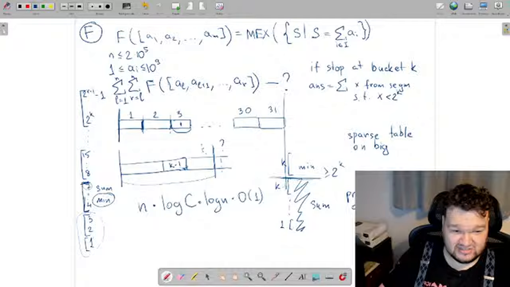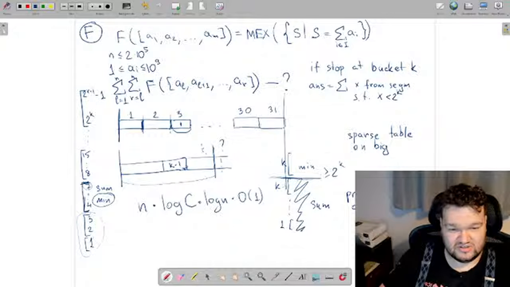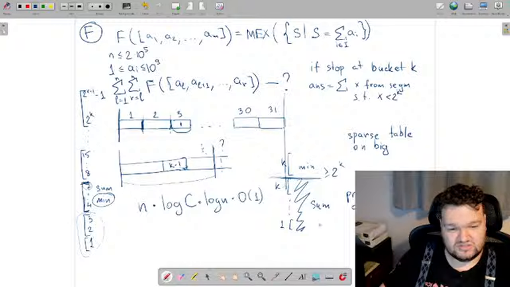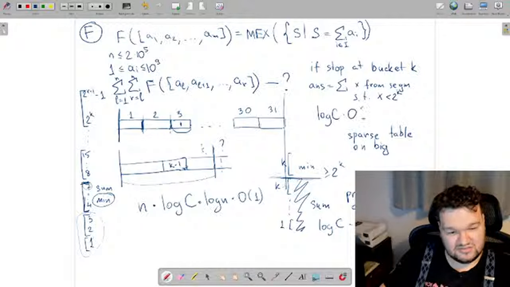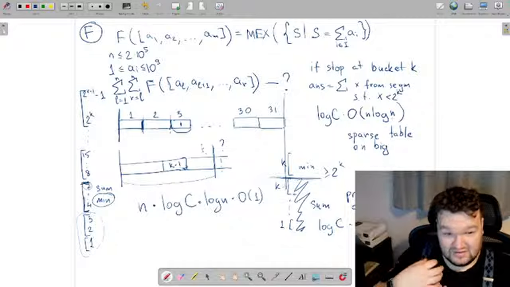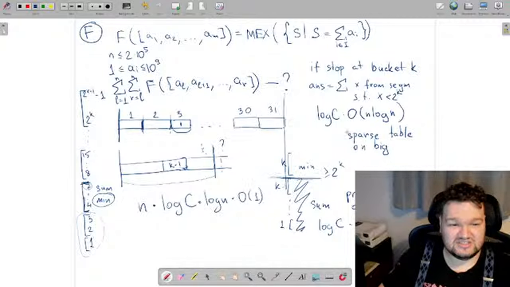But we also need to construct the data structures. We need log C versions of our data structures, so one sparse table for every k and one prefix sum for every k. So it's log C times n for prefix sums, and log C times n log n for sparse tables. Overall it's n log C log n, which is good enough.